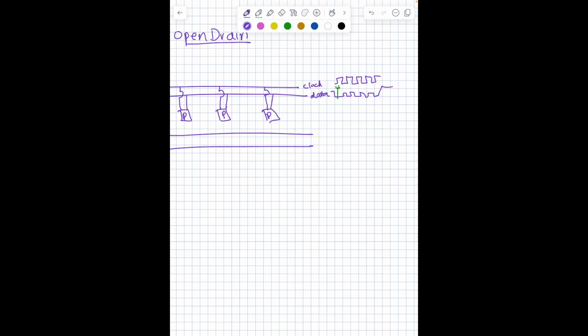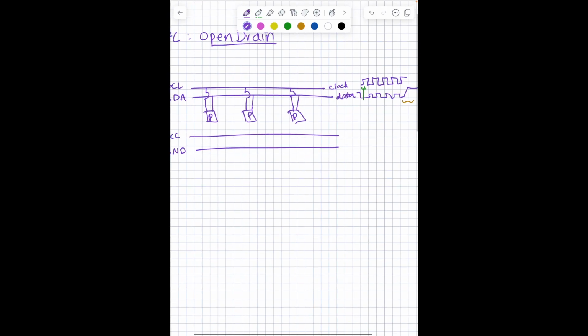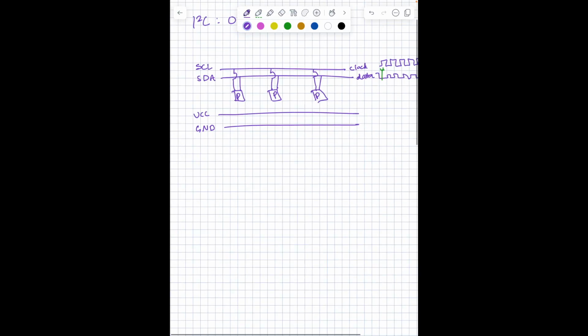So the question is, how do you set it back high, and what does it mean to set data to 1 versus set it to a pull-up? So there's two ways that peripheral 1 sends data. The first thing it does, as we mentioned before, is that it pulls SDA low. SDA is kept low, it sends some data, and for this you have to write 0 on the GPIO pin.